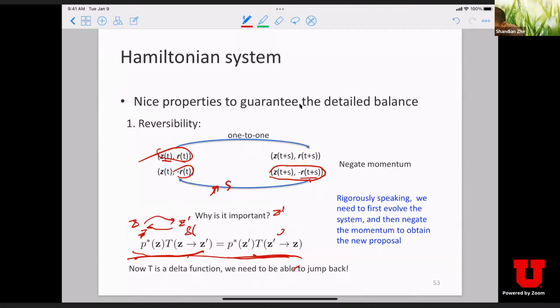So start from Z, you get Z prime given Z. There's only one route: through an amount of time s, you're going to arrive at Z prime. And then you need to guarantee that from Z prime you are able to get back. Otherwise, if this term is 0, then this won't be an equality.